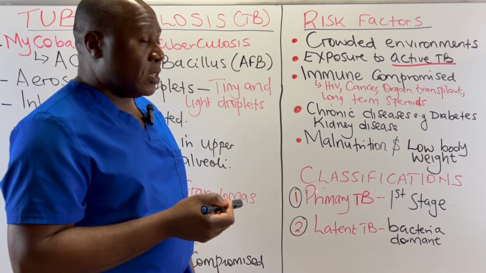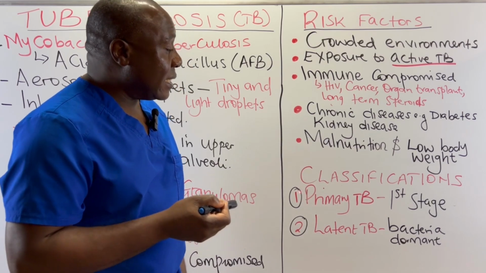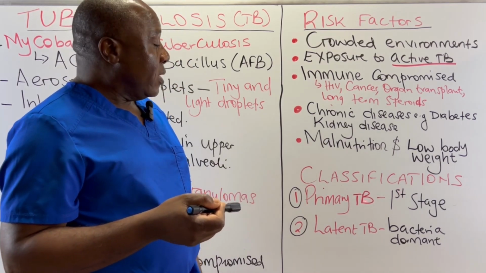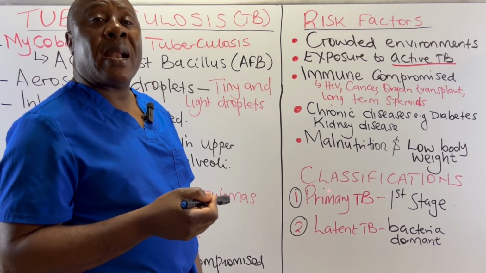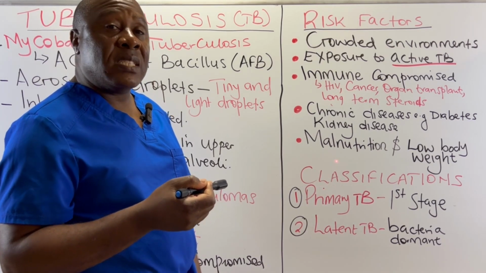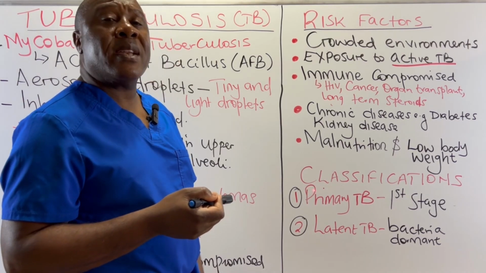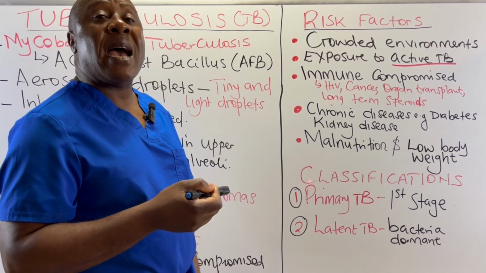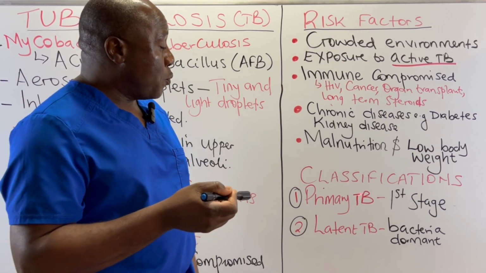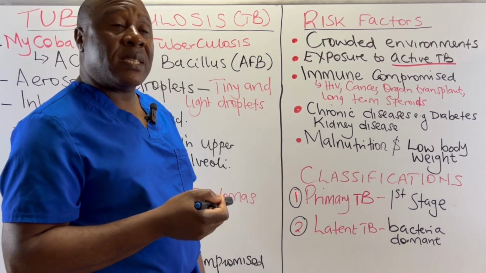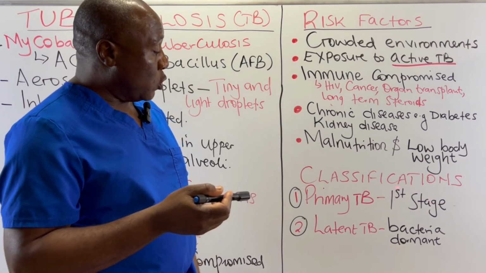But that first stage, when this bacteria enters a patient, is referred to as the primary stage. In this stage, the patients are asymptomatic. They don't have any symptoms of TB. Number two, they cannot spread that bacteria. They are not contagious. So the primary stage is where the patients are asymptomatic and also not contagious.